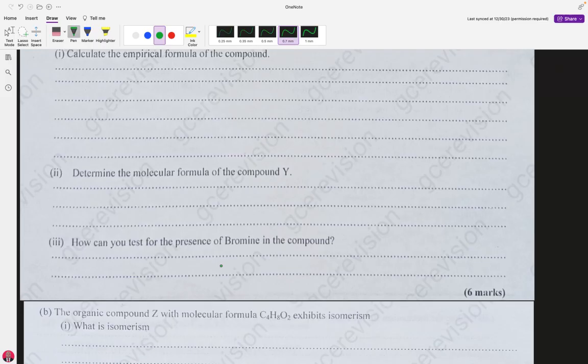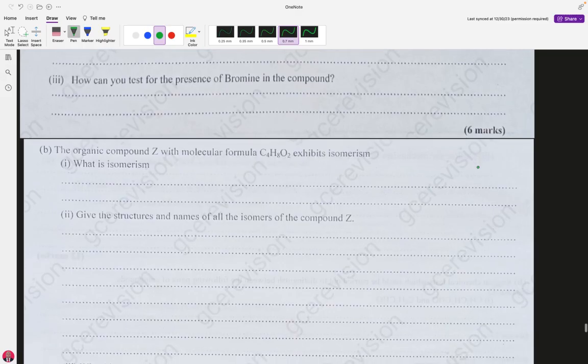So now you are going to test for halides using acidified silver nitrate. Since it's a test for halides, you know it very well, but we have been specified the presence of bromine.